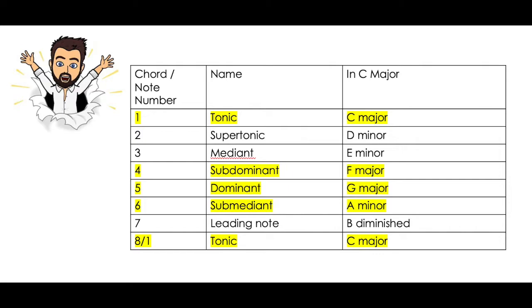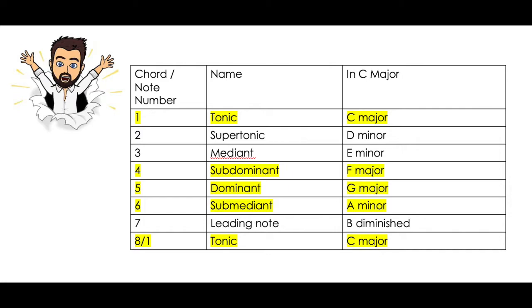So if we were in C major, C would be the note C and the chord C major would be the tonic. The note D and the chord D minor would be the supertonic. The note E and the chord E minor would be the mediant.